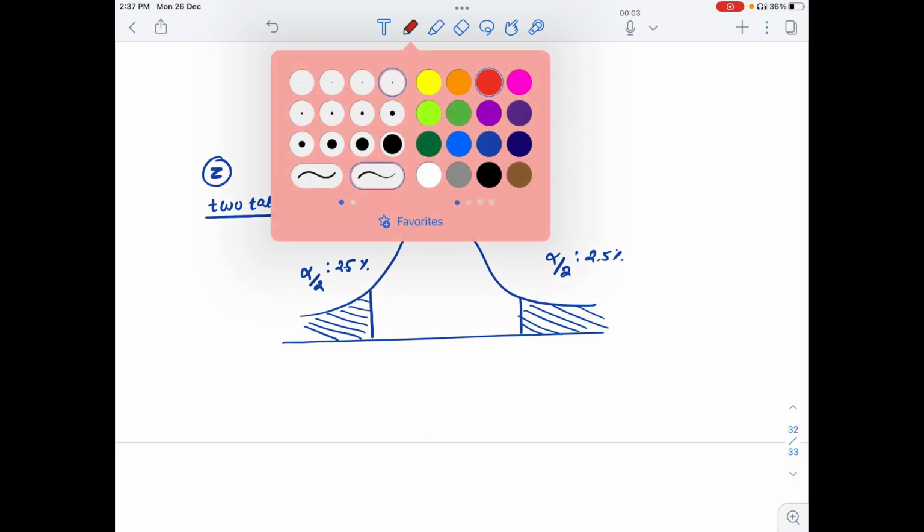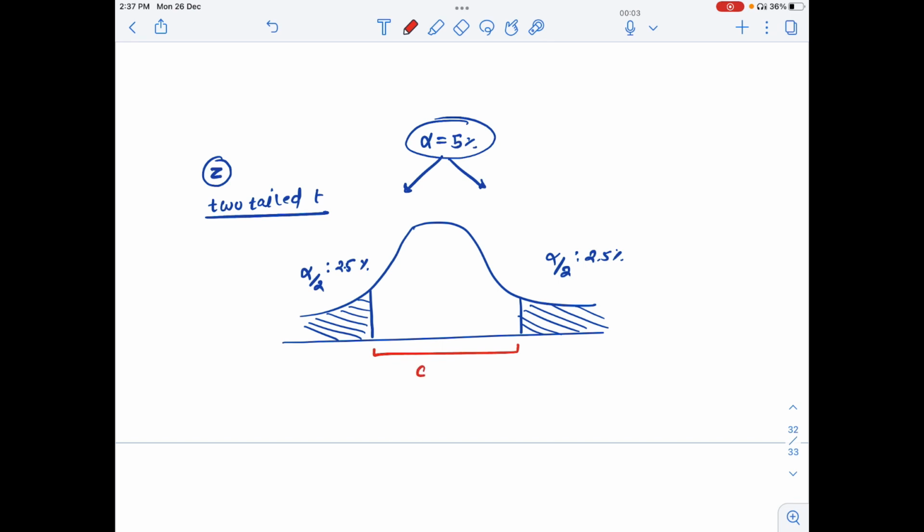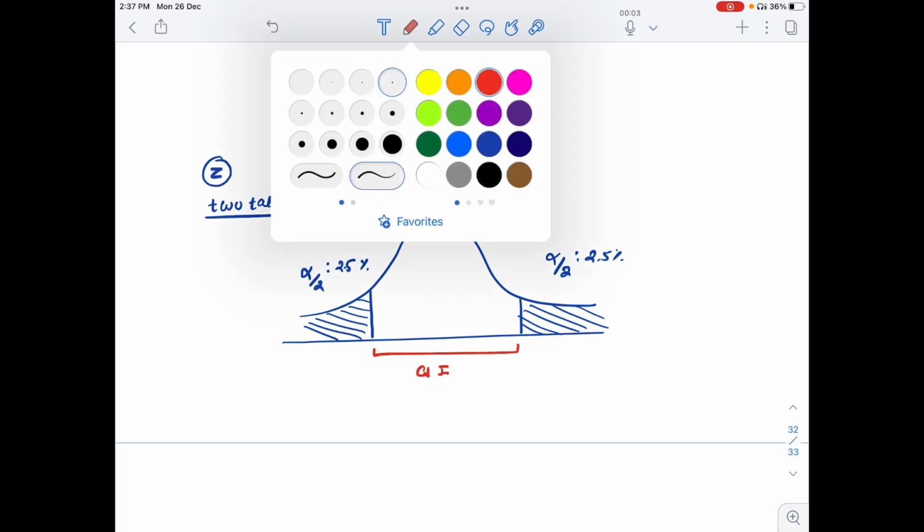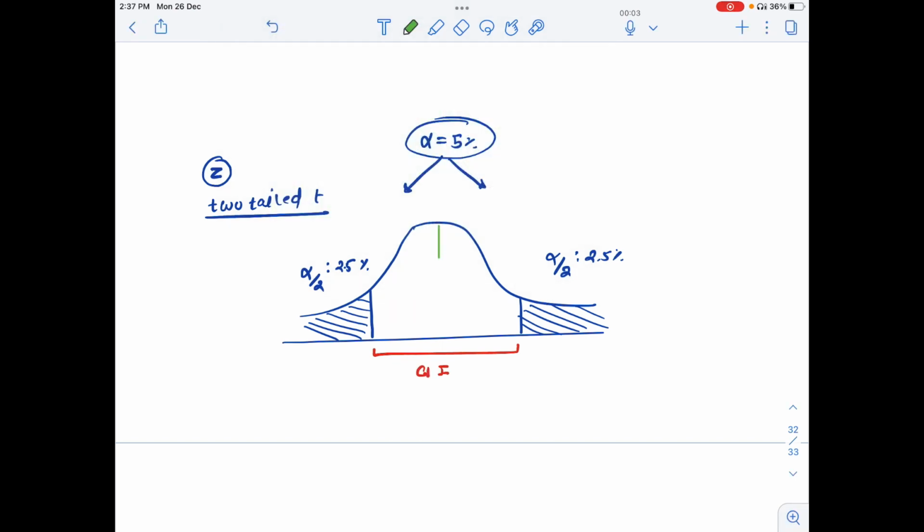Now this is confidence interval. This would be mean. This is mean, right? Now there are few terms that you need to remember.